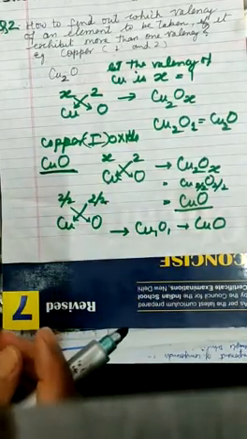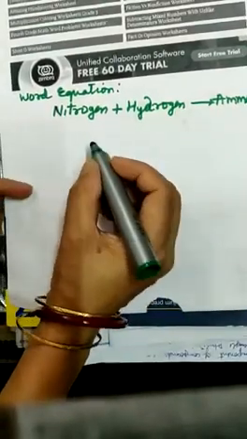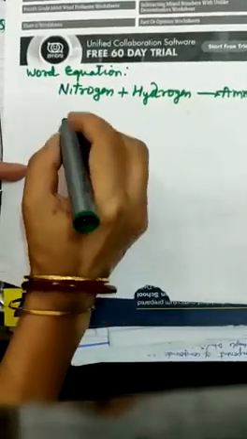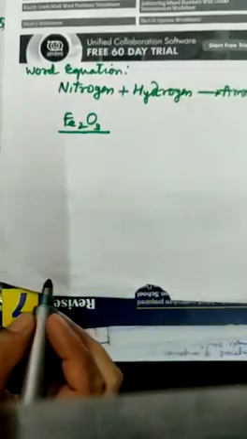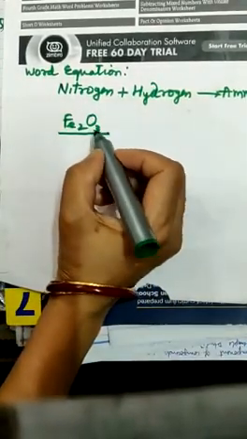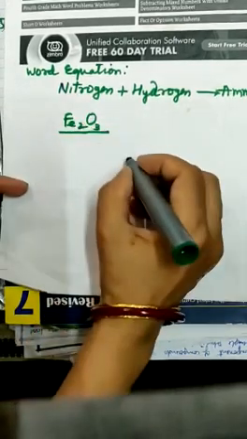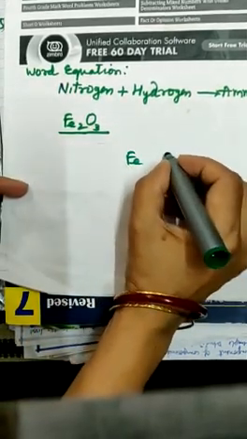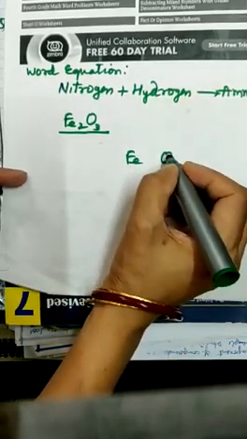If we could not understand it, we can take one more example. Let's take the example of iron. Suppose the compound's formula given to you is Fe2O3, and you are asked the name of the compound, and you want to know whether it is ferrous oxide or ferric oxide, then what to do? Simply we assume the valency of iron to be X. Oxygen's valency is the same because oxygen does not show variable valency.